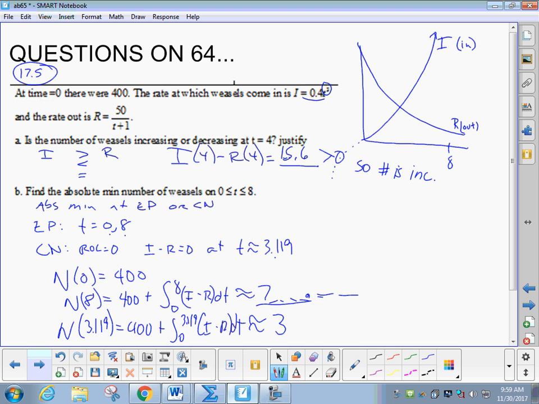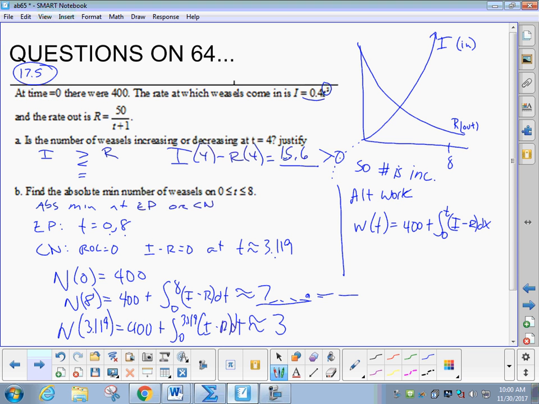Okay, so if I off to the side wrote that, I used W's and I wrote W of t and then my integral, do I still have to show the integral and say W of 8 equals my answer?